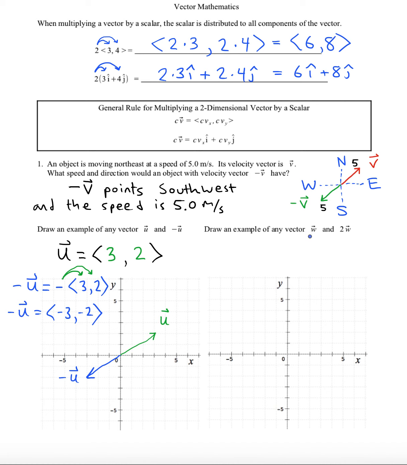This next one says, draw an example of any vector w and then show what 2w would look like. Go ahead and come up with some components for w. Could be anything of your choice. And then use scalar multiplication to multiply each of the components by 2 and draw the new vector.